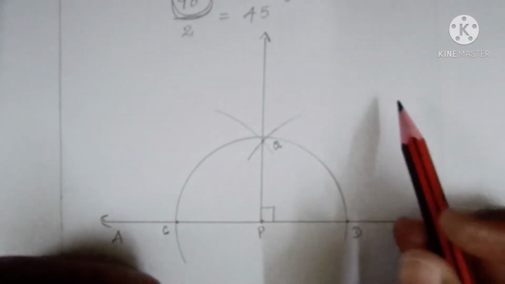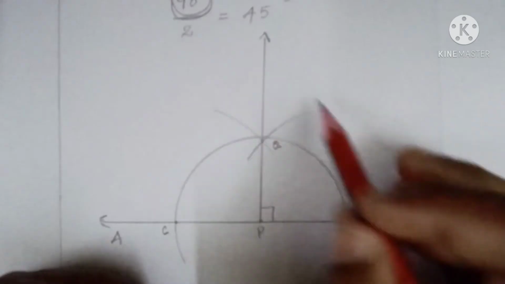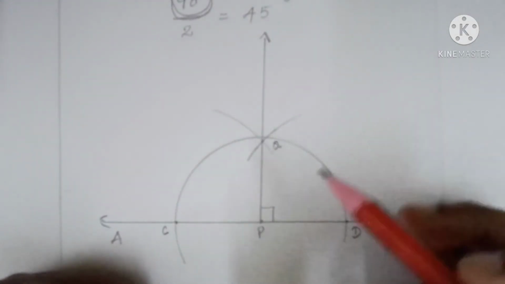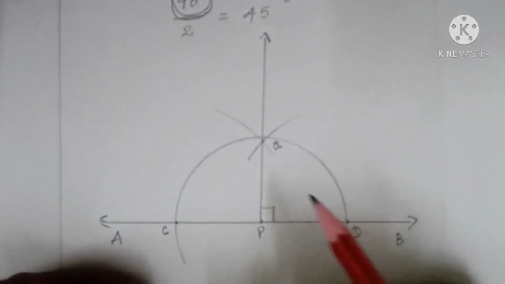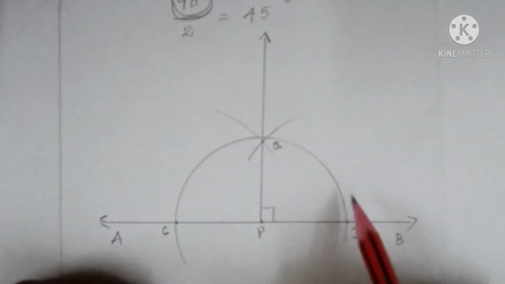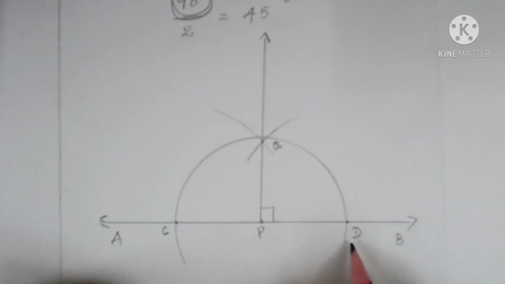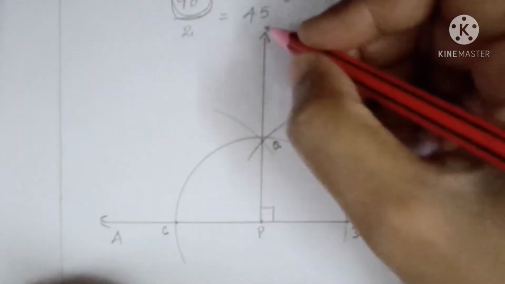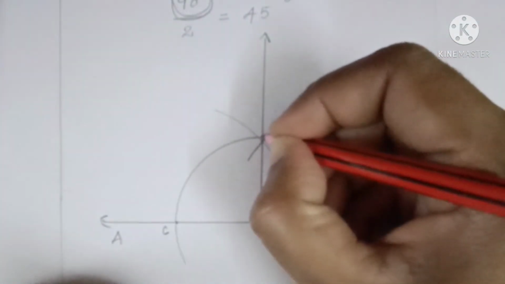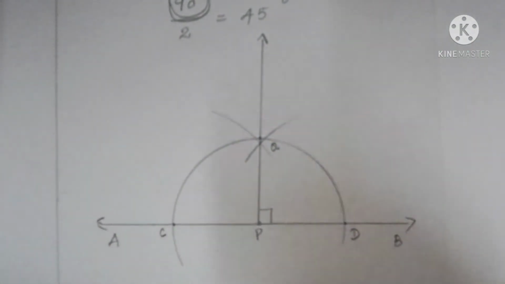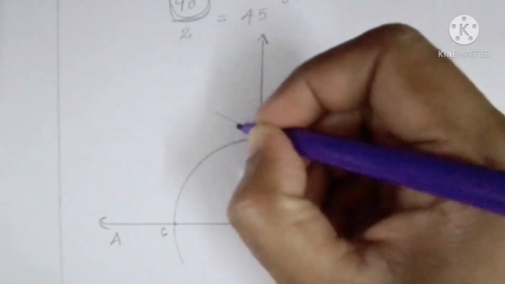We have to draw an angle bisector for this angle. For this, we have to draw an arc from P. Already we have an arc. It cut PD at D and PQ at, mark that point as F. It's very, very important.